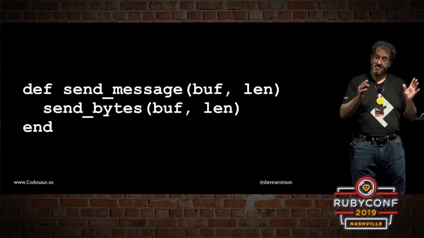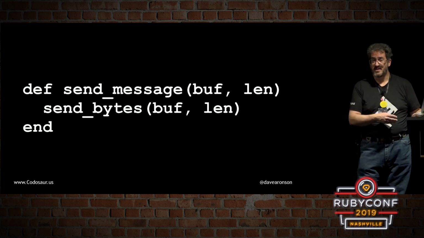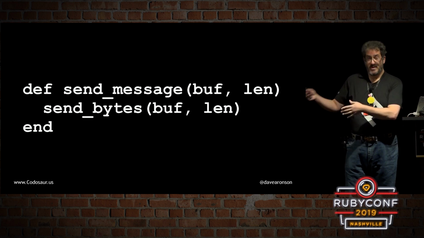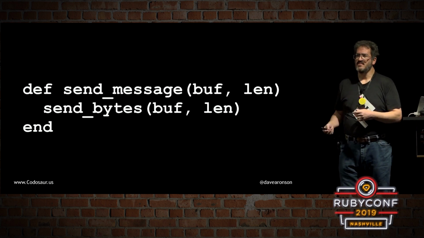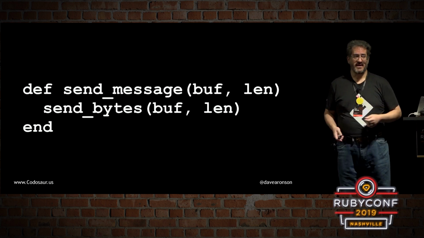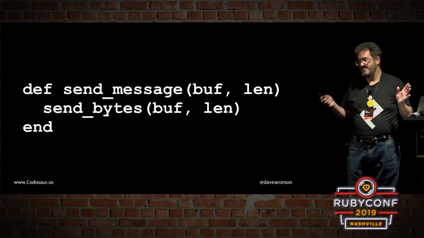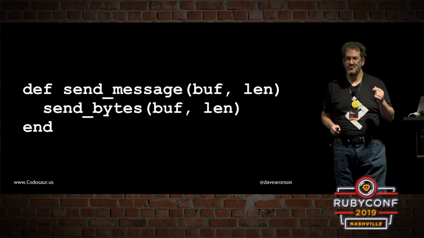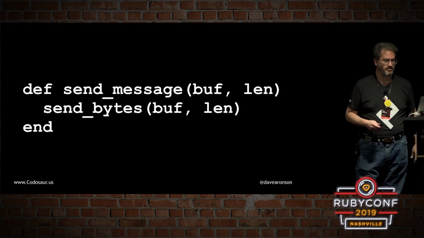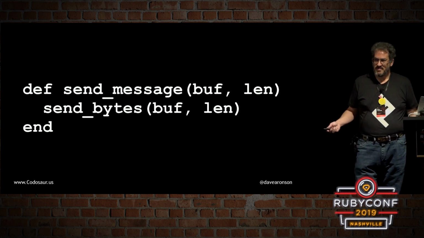Now I say may well be redundant, not is redundant, because in real world code there may be some logging and error handling and whatnot that we need to put in sendMessage. But at the very least, the looping was redundant. So what do we do about it?